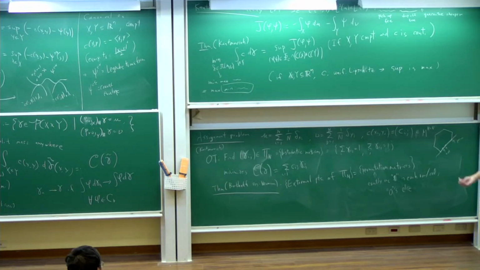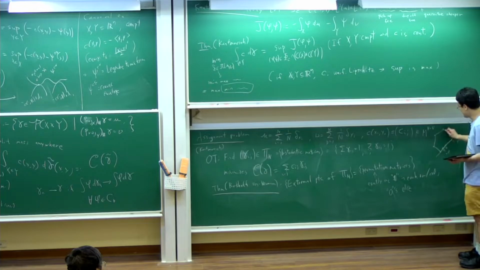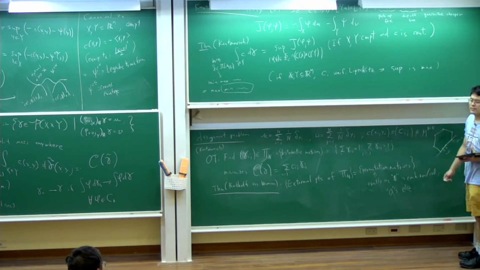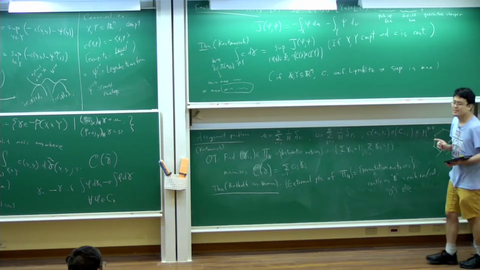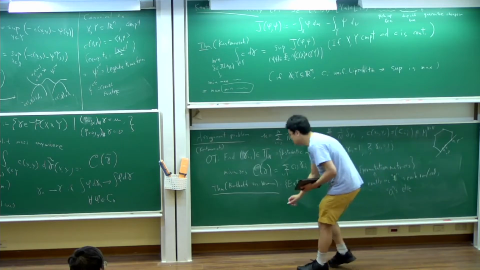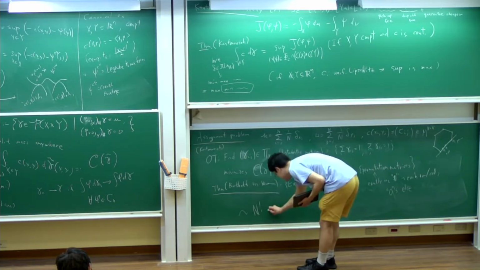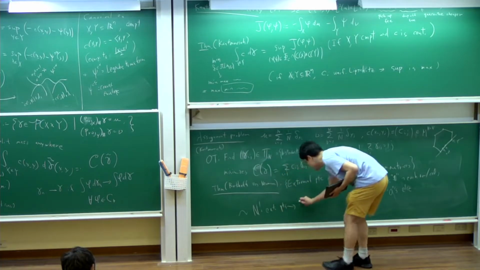Okay. So then you might say, fine, we know that these extremal points exist, so why don't you just take all of the vertices, plug them in, and try to minimize. That's a bad idea, because there's too many extremal points. Basically there's on the order of n factorial extremal points. This is too many to check.